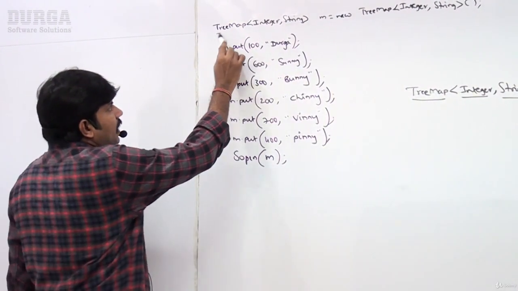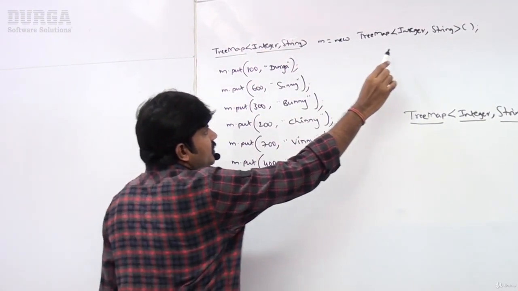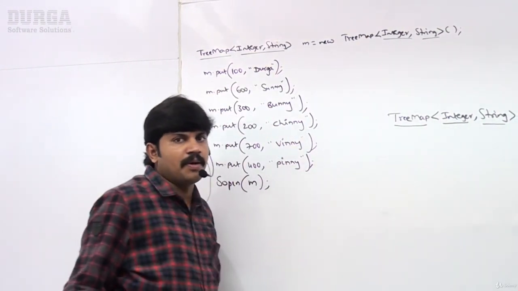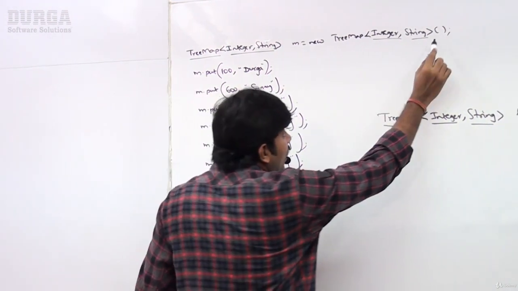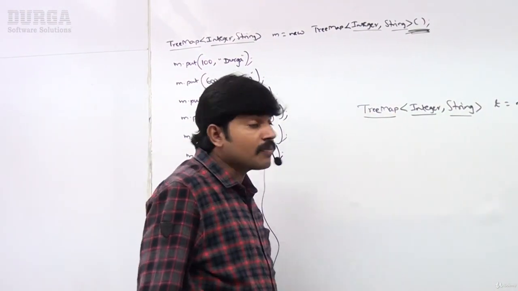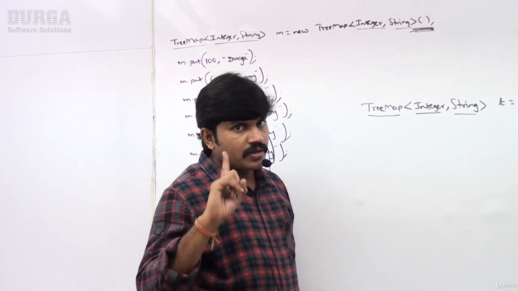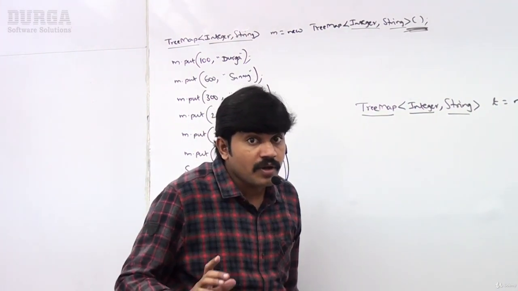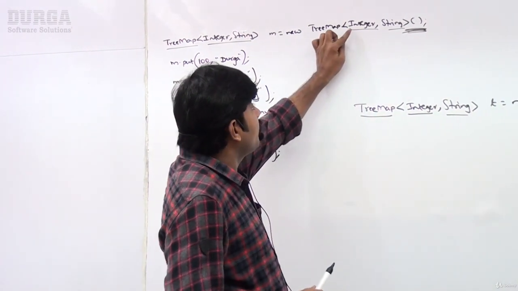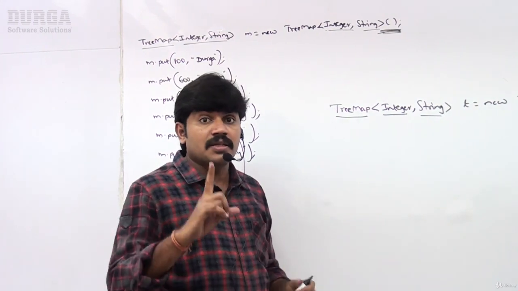Now let me consider TreeMap of Integer comma String m = new TreeMap of Integer comma String. I am not passing any argument. If you are not passing any argument, default natural sorting order applies, which for Integer keys is ascending order.